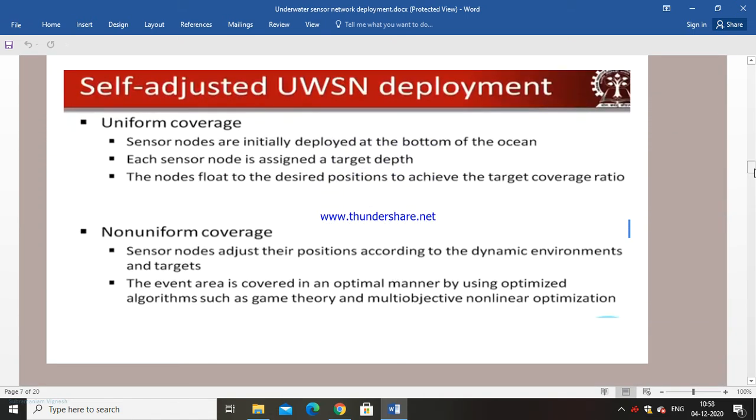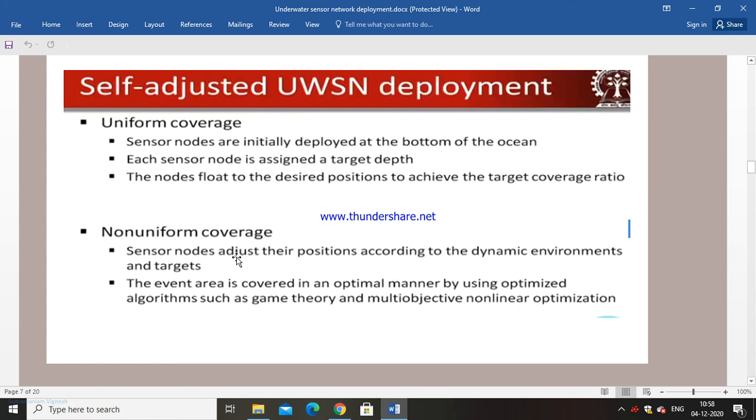Within self-adjust deployment, we see two classifications: uniform coverage and non-uniform coverage. Uniform coverage: the sensor nodes are initially deployed at the bottom of the ocean. Each sensor node is assigned a target depth. The nodes float to the desired position to achieve the target cover ratio.